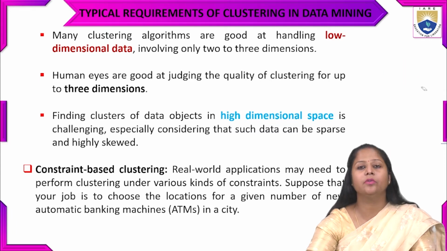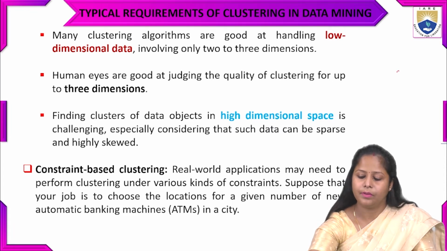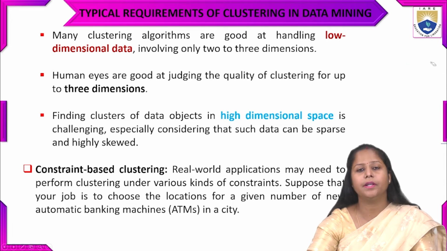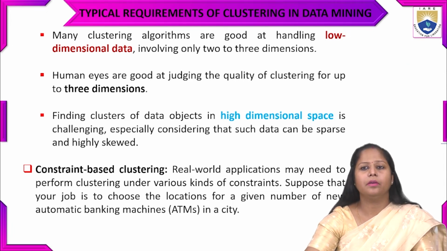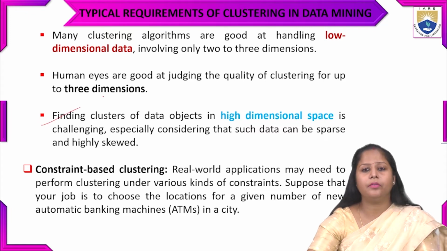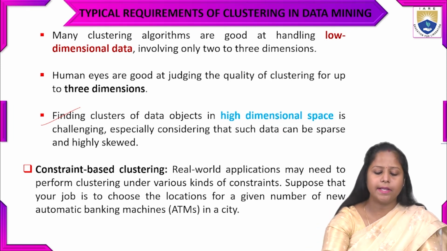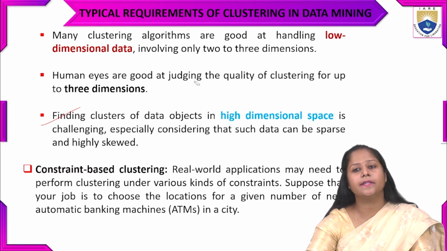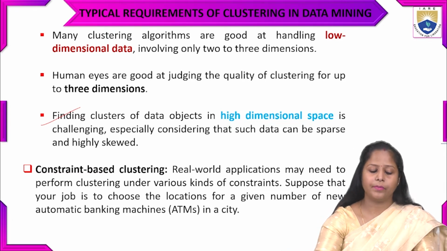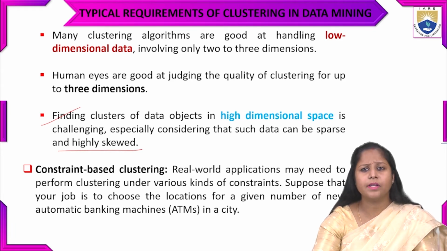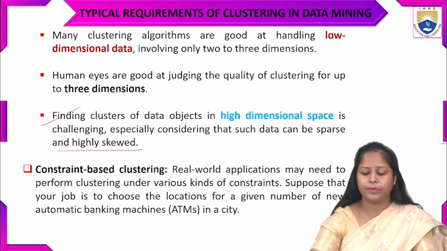Also, the human eye is good at judging the quality of clustering for up to 3D. Finding clusters of data objects in high-dimensional space is challenging, especially considering that such data can be sparse or highly skewed. So we need to arrange some good algorithms.